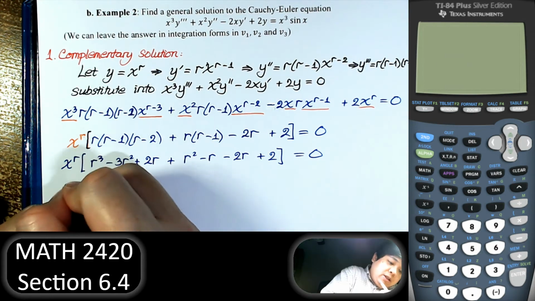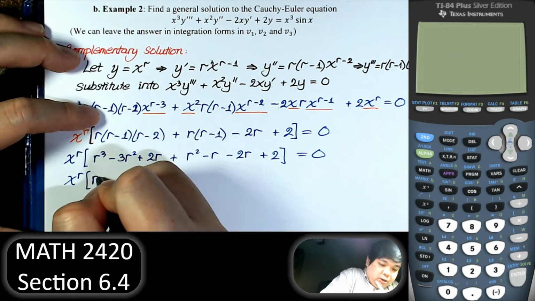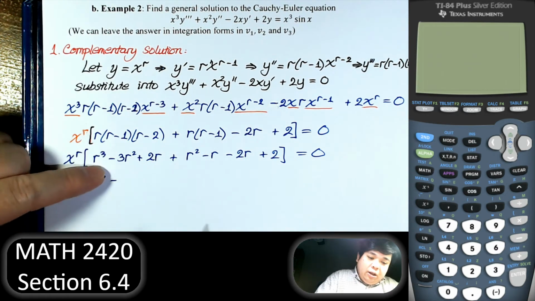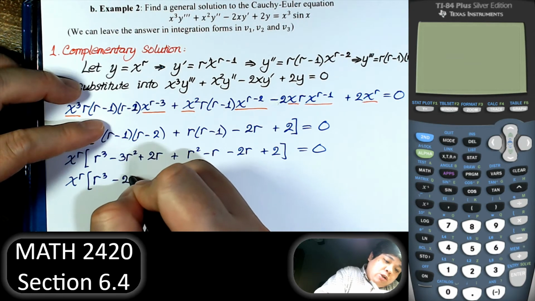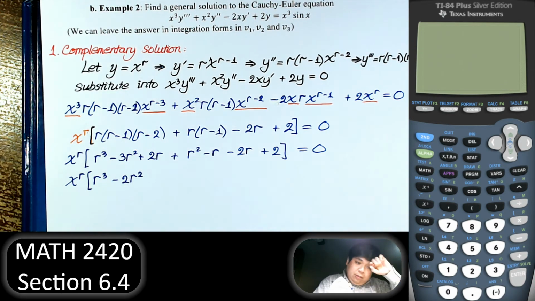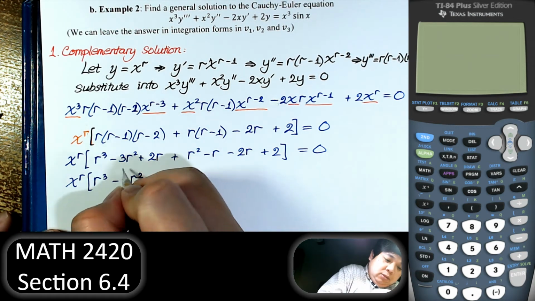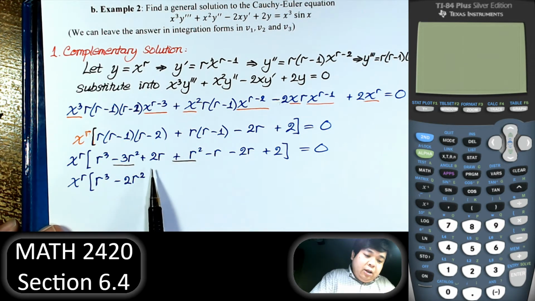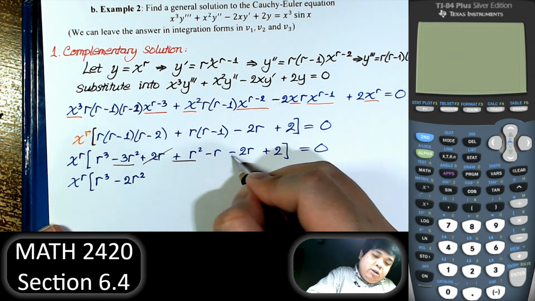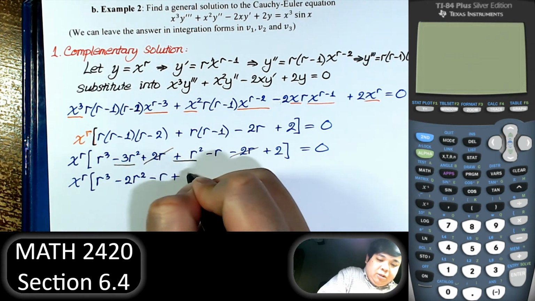Combine like terms. r cubed, minus 3r squared plus r squared gives us minus 2r squared, the 2r cancel out, just have minus r plus 2.